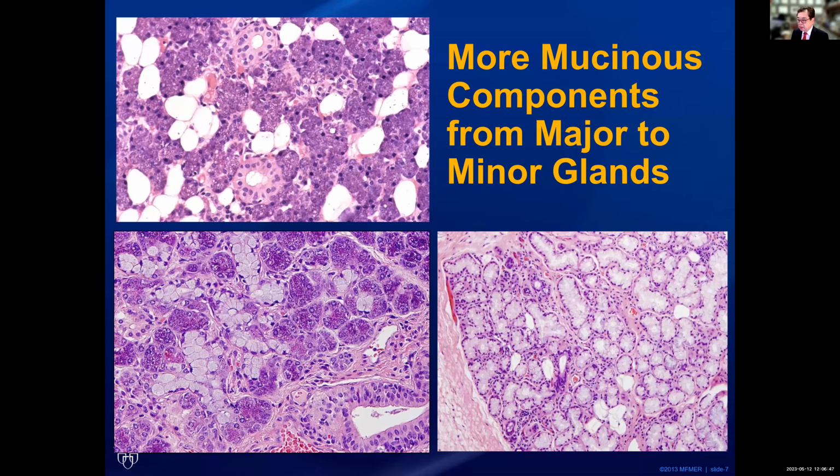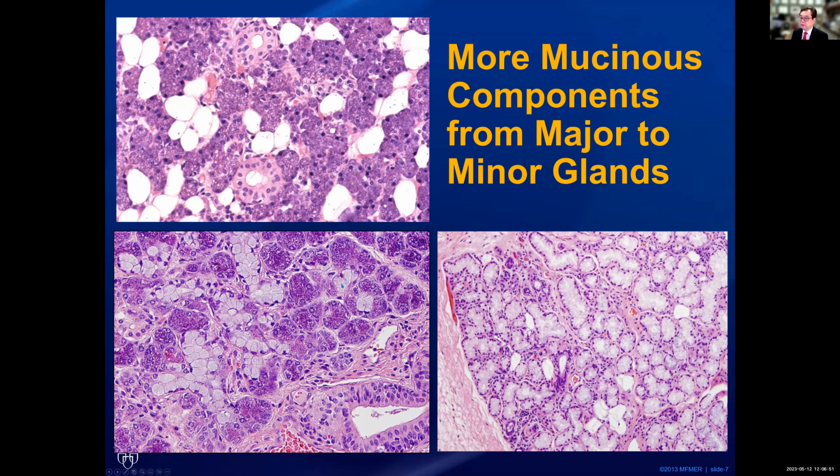Also the morphology of even the benign normal glands is different from minor to major salivary glands. The smaller you go, the more mucin you have, because the mucin helps lubricate the food when we eat. However, the serous cells help to release the enzyme that will digest the food.